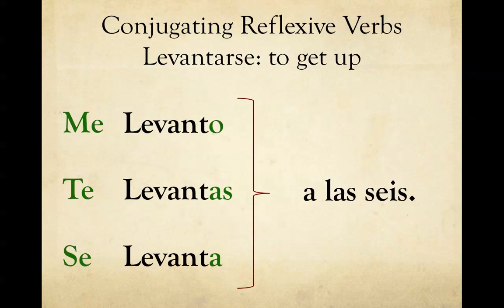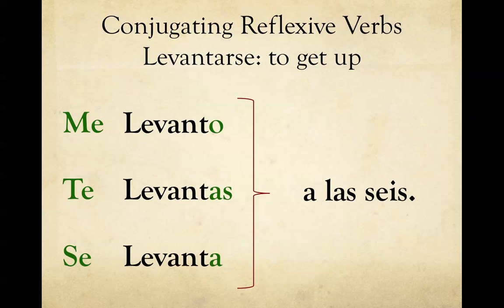Now, if I want to make any of these negative, where do we put the word no? We will actually move the word no to the front here, okay? Just like we would a regular verb. We consider this as a two-part verb, okay? So because it's two parts together, we don't want to separate them, so we'll just put the no in the front. No se levanta a las 6.